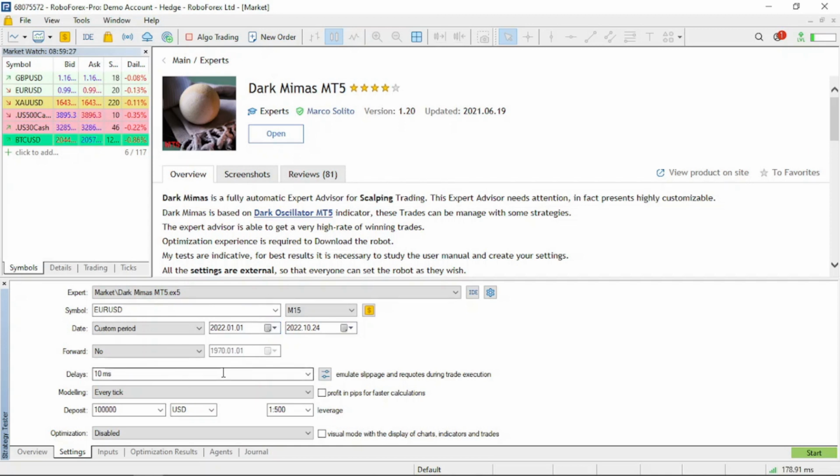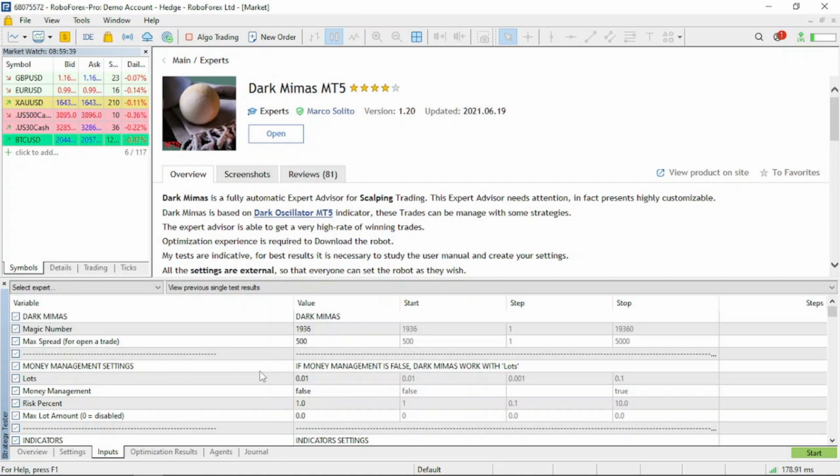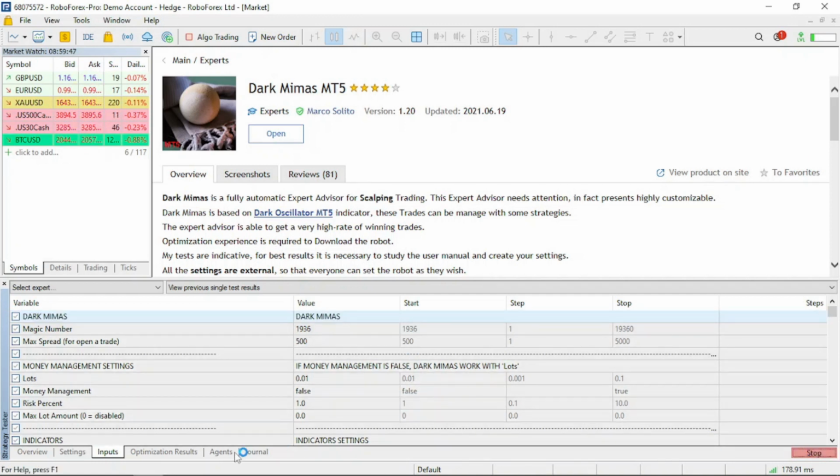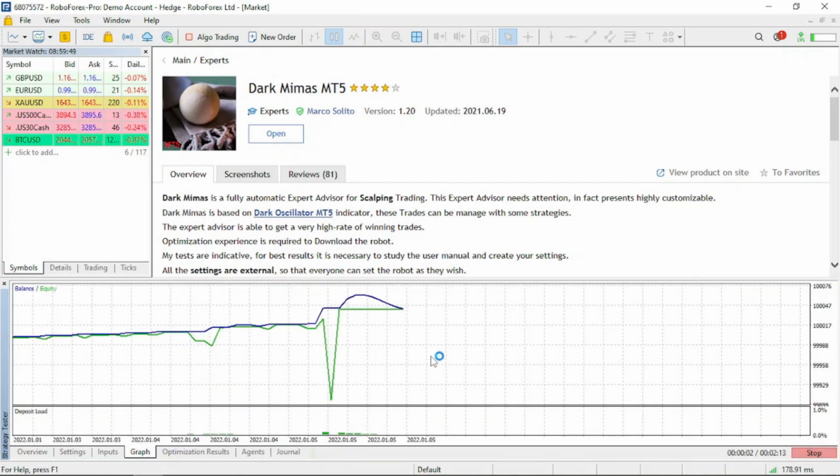If you want to extend the period, you are more than welcome to for your own backtesting. Once you have set all the requirements under settings, we're going to select default settings for the expert advisor and see how it would do on default over the last year. To do that, press start.